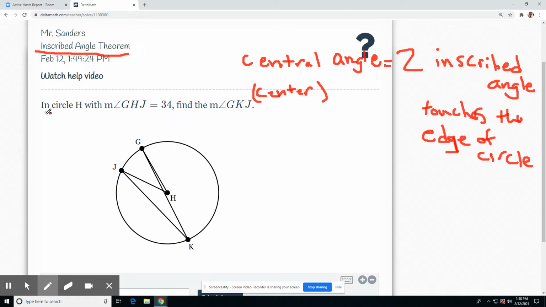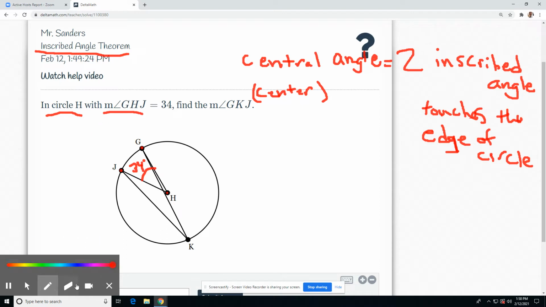All right. So in circle H, the measure of GHJ is 34. So here's GHJ. This angle right here is 34 degrees.